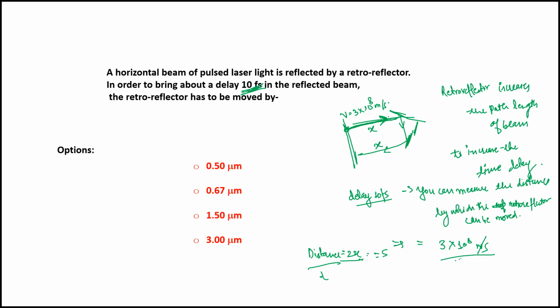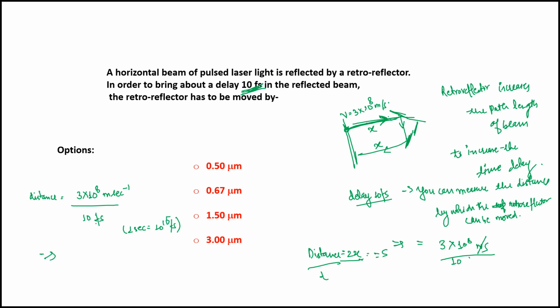Then you take the time. That is the 10 femtoseconds. Now, I'll write this in a clean way. So, distance is equal to 3 into 10 to the power 8 meter second inverse. Right? Now, the delay is of 10 femtoseconds. See, 1 second is equal to 10 to the power 15 femtoseconds.